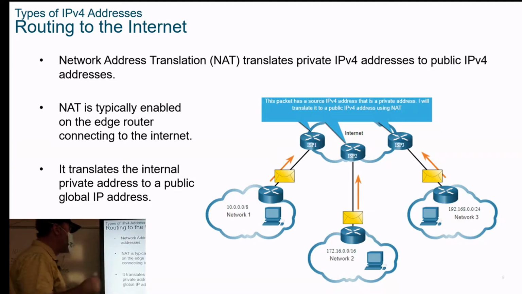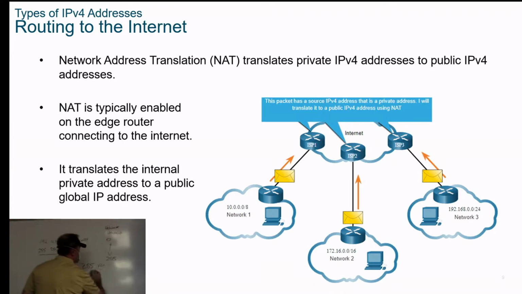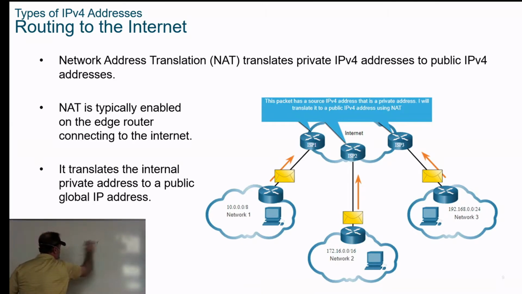Just so you guys can see, I'm going to make up some public addresses. You guys know you can just use ARIN WHOIS to punch an IP address in and see who owns it.